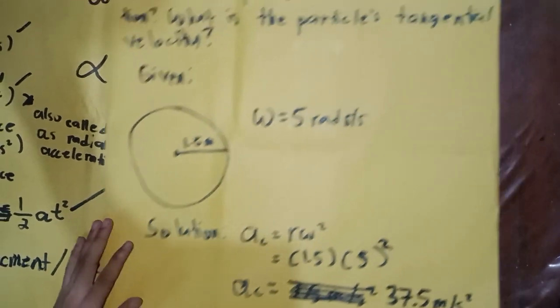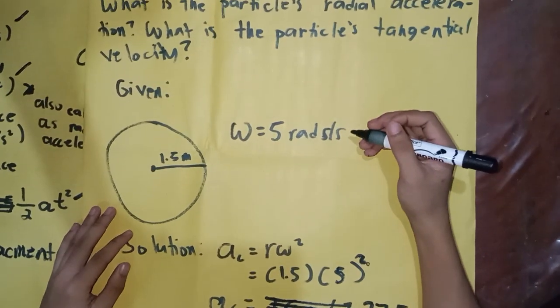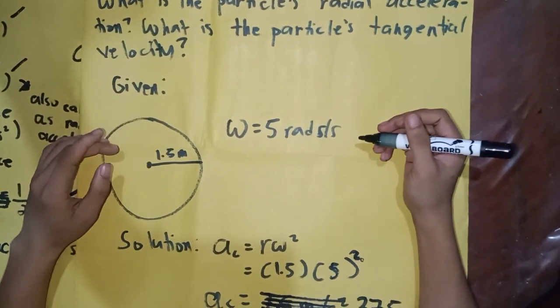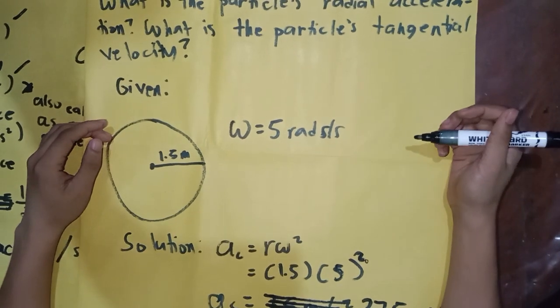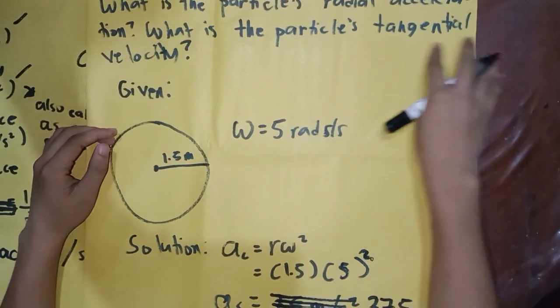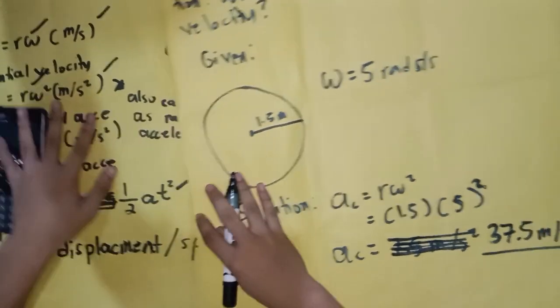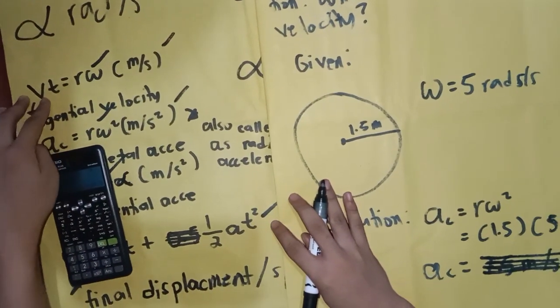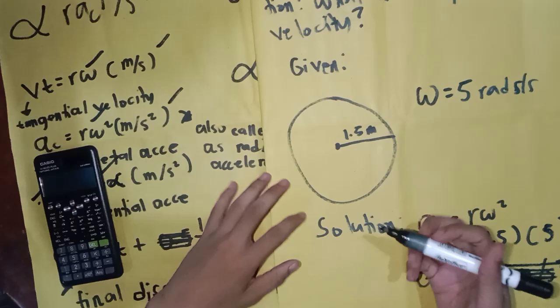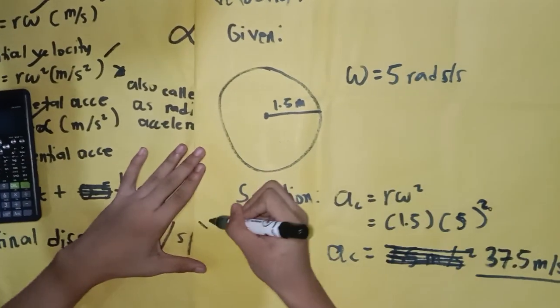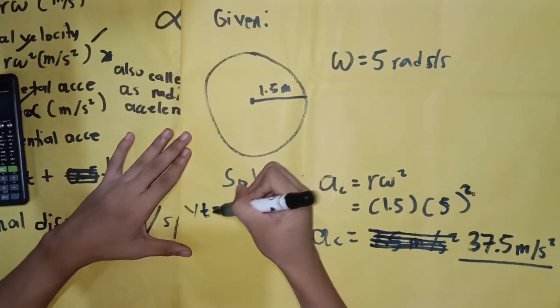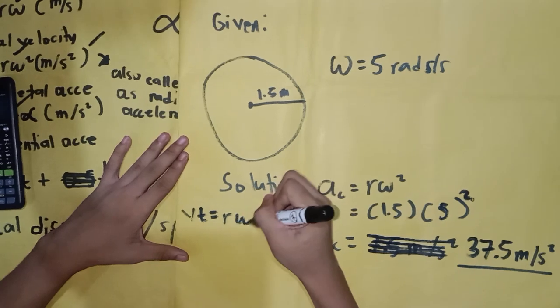Let's now solve for the tangential velocity. The formula of tangential velocity is Vt is equal to Rw.